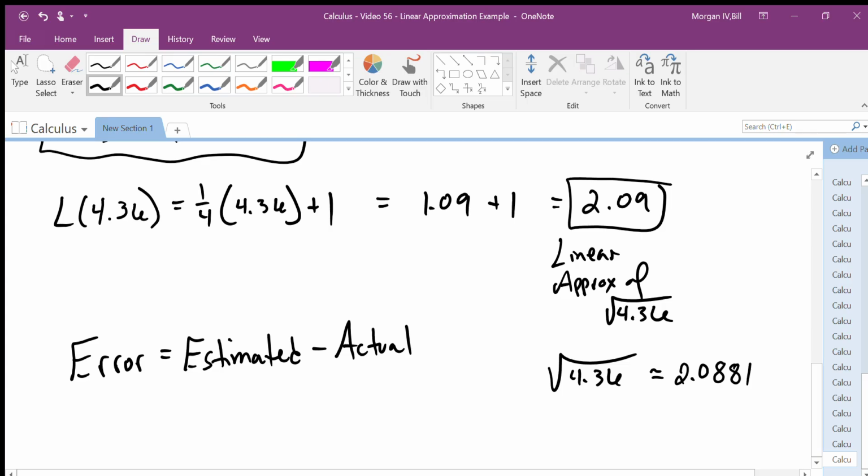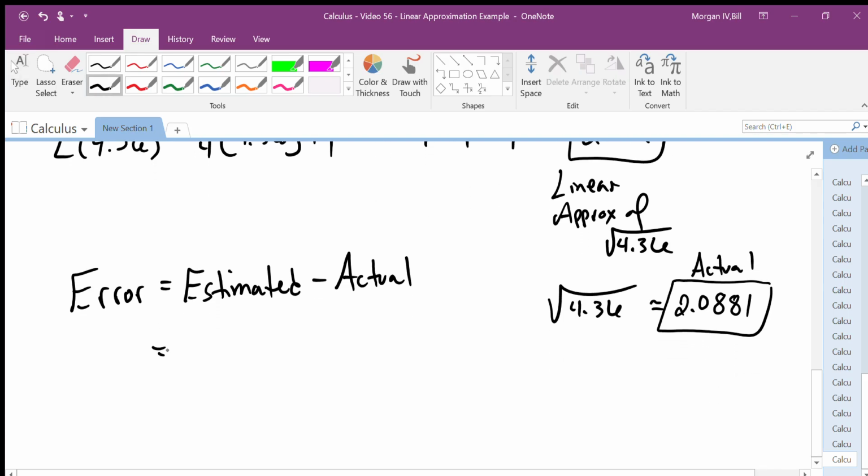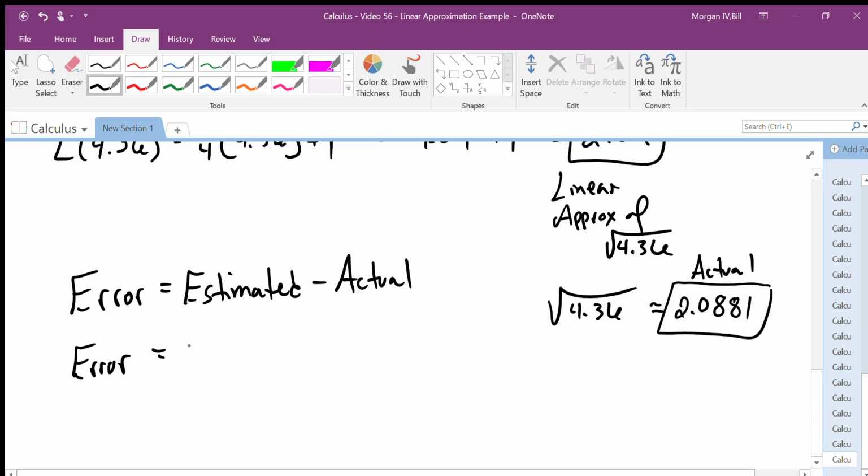So that is the actual. Therefore, the error is equal to 2.09, the estimated, minus the actual, 2.0881, for an error of 0.0019. And that is our error.